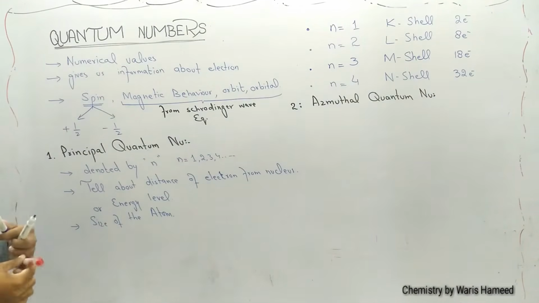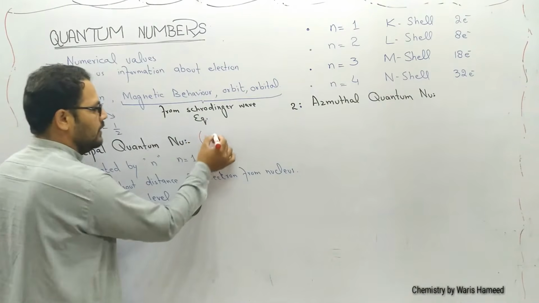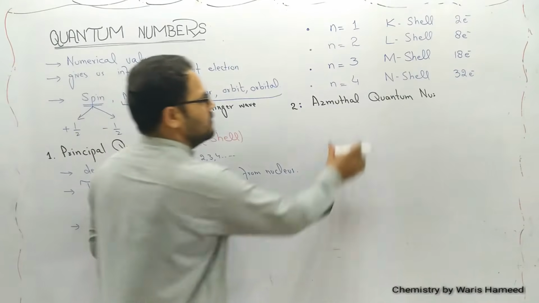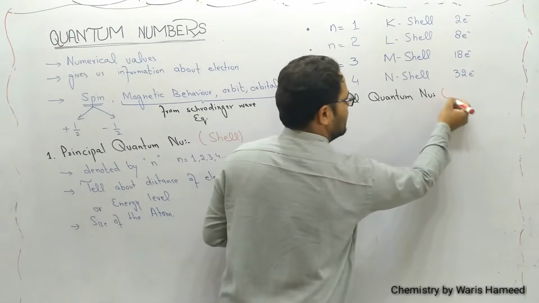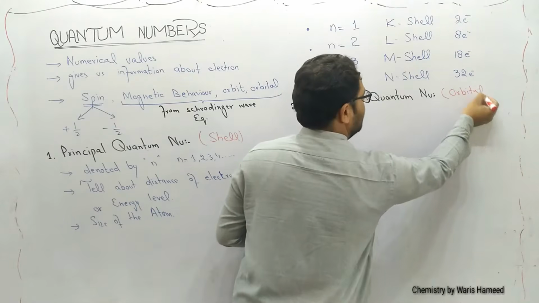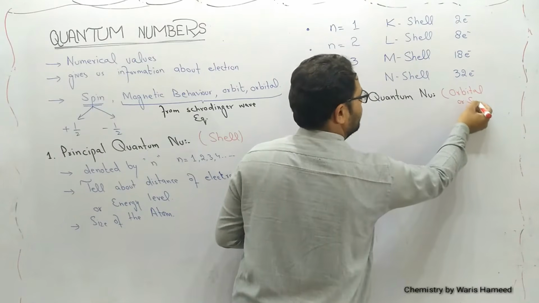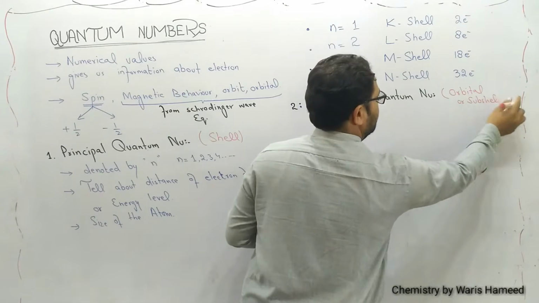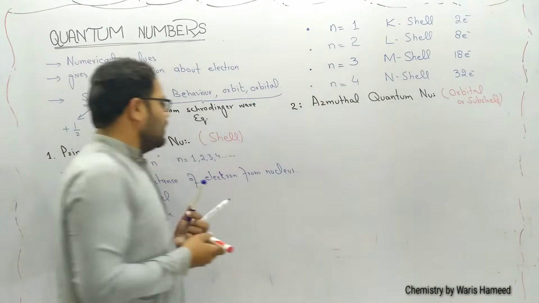The principal quantum number tells us about the shell, and the Azimuthal quantum number actually tells us about the orbital or subshell.